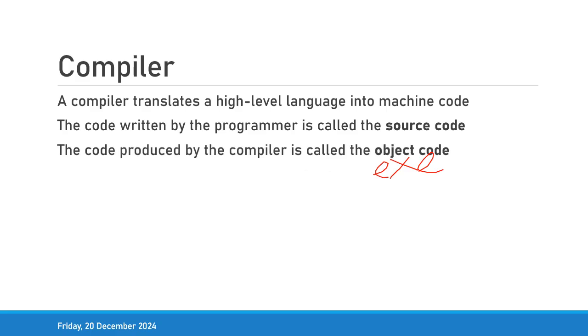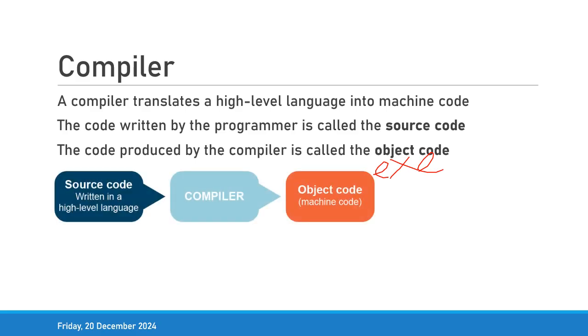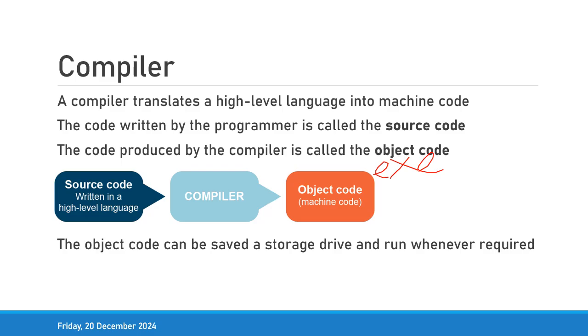The code produced by the compiler is called the object code. The object code can be saved in a storage drive where it can run whenever it's required.